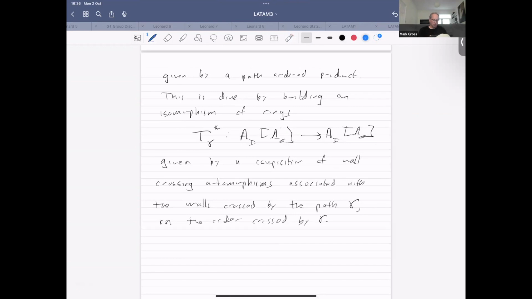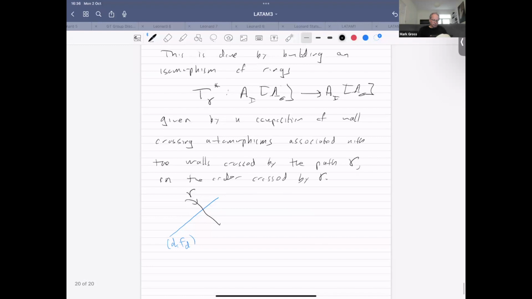So let me draw a picture here. So here's the wall D, FD, and here is the path gamma. And I need to define a wall crossing automorphism.